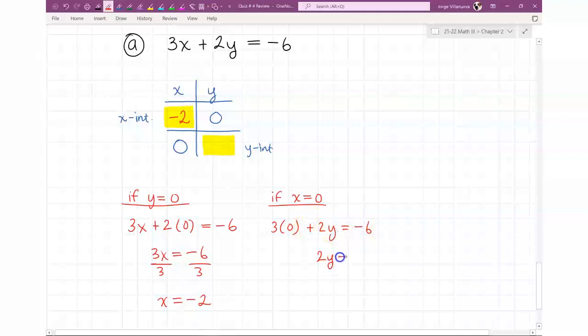So that gives me 2y equal to -6. Divide both sides by 2. So y is -3. And if all they wanted was the x and y intercepts, I'd be done. But they're going to want you to graph it. Like show them the answer by a graph. So I'm going to have to graph it.